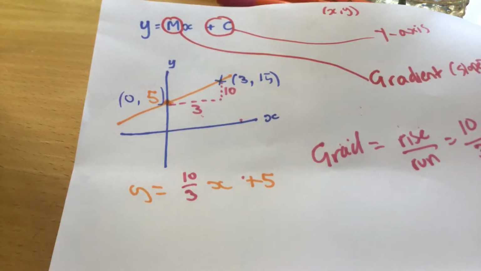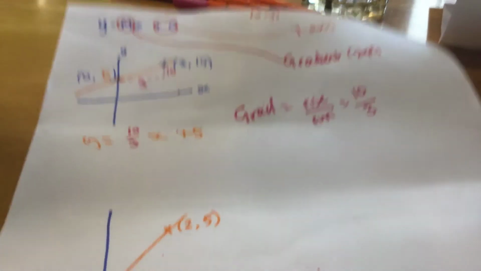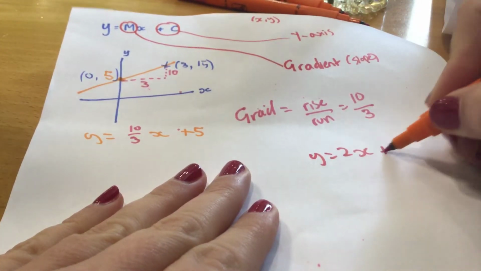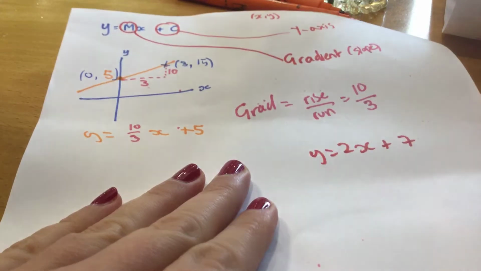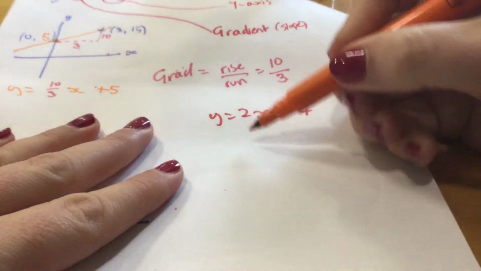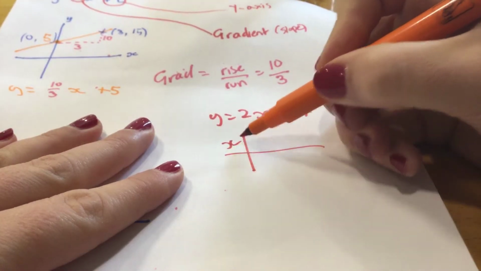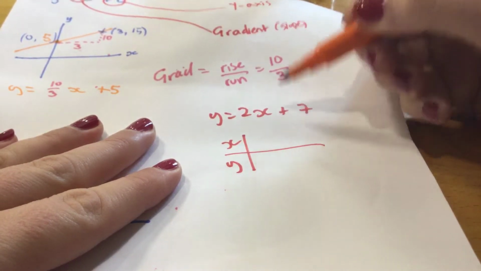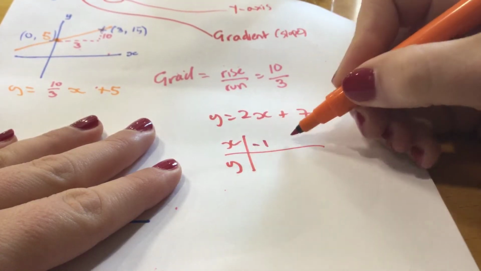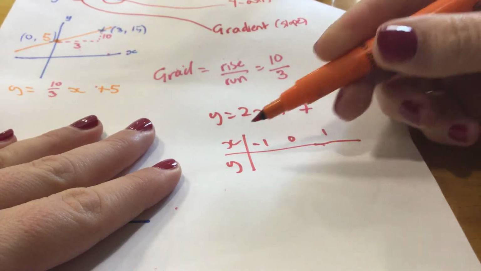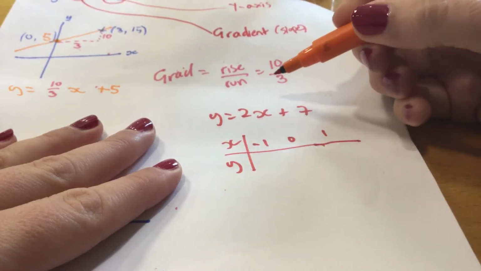Obviously, if you were given an equation such as y equals 2x plus 7 and you were asked to draw the line for that equation, you would use a table of values, x and y. And because we know it's a straight line, because it hasn't got any powers in it, I'm only going to need -1, 0 and 1 as values for x, because you don't need a load of values to draw a straight line.